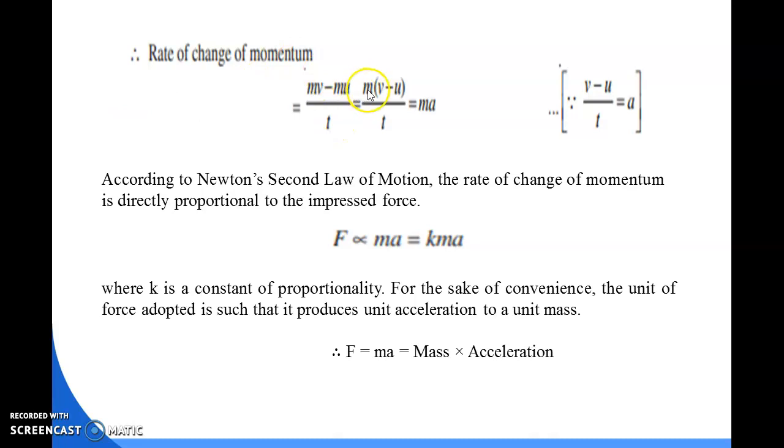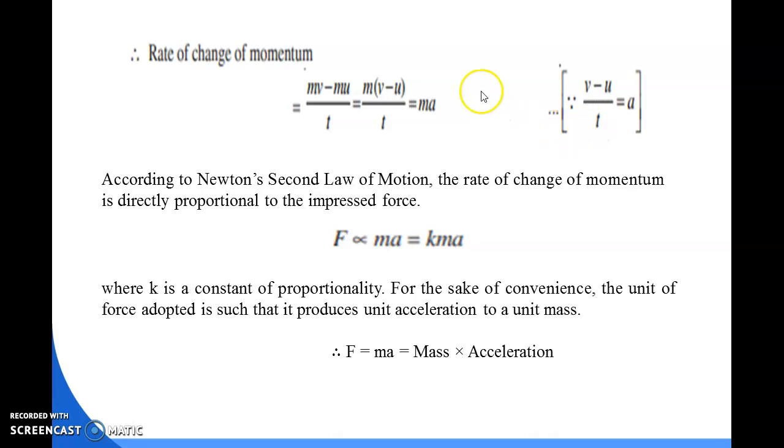By taking m common, we have m times (v minus u) divided by t. Hence we know that (v minus u) by t is the rate of change of velocity, that means it is equal to acceleration.